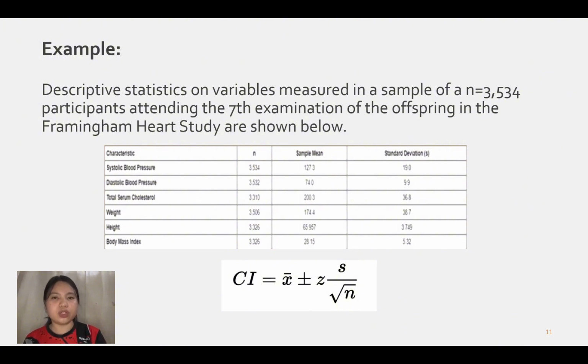So in conclusion, the point estimate for the true mean systolic blood pressure in the population is 127.3, and we have a 95% confidence that the true mean is between 126.7 and 127.9. The margin of error is very small here because of the large sample size.